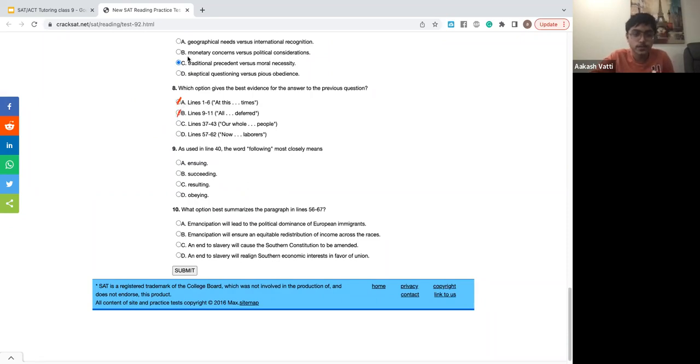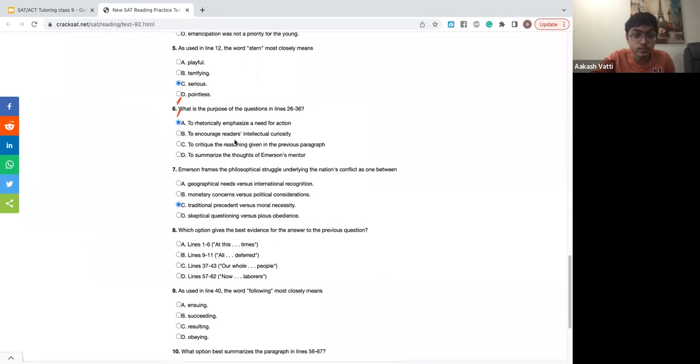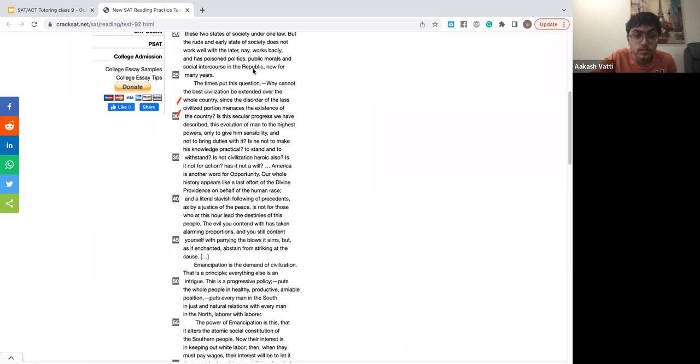C, 37 to 43. And it's traditional precedent, 37 to 43, is right here. All right, this is like, okay, slavish, okay, this is following precedents, and our whole history appears, okay, providence on behalf, that's like moral necessity, I guess, and it's like a justice of the peace, moral necessity stuff again. Okay, that sounds like a good answer.